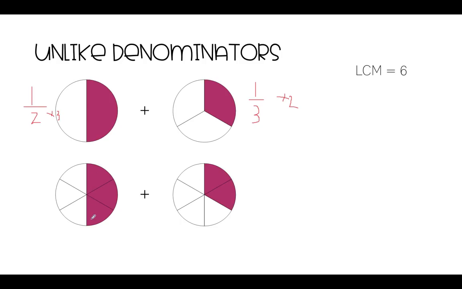So we've got 3 6ths plus 2 6ths. And you can see again that the shaded part represents the same amount. Okay, we've just cut it into more parts. Now, like when we were adding and subtracting fractions with the same denominator, we can simply add the numerators now. So 3 plus 2 gives us 5, so we have 5 parts out of 6 shaded.